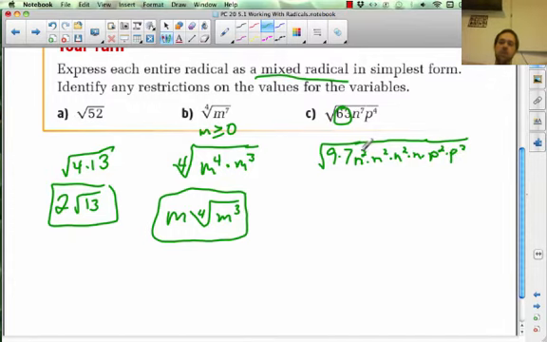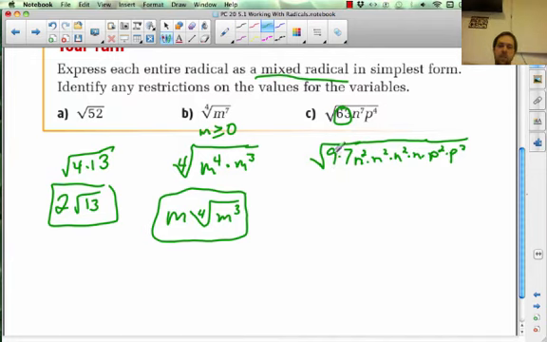The reason I'm choosing to break it down into little squared bits is that we are taking the square root. Here we were taking the fourth root, so I busted this into a power of 4. Here we're taking square roots, so I'm going to bust everything into a square that I possibly can.